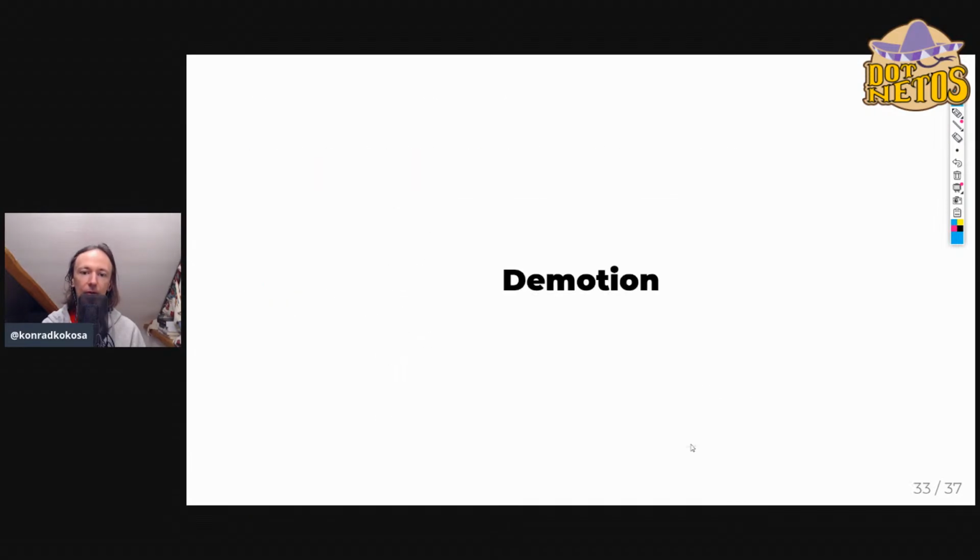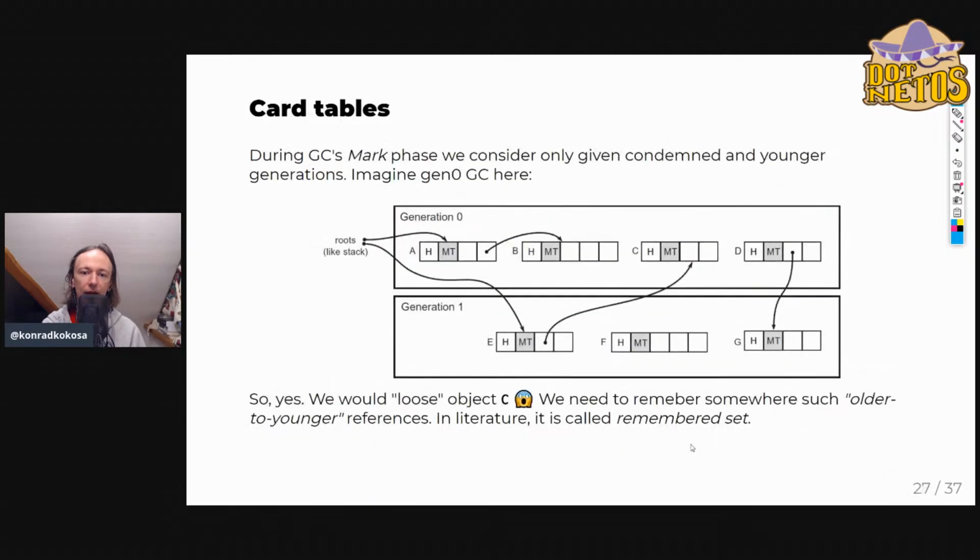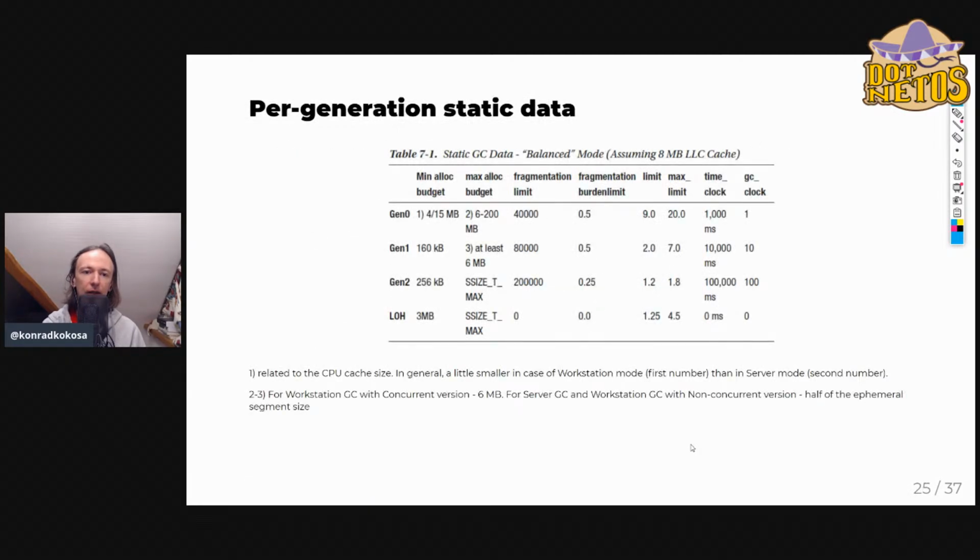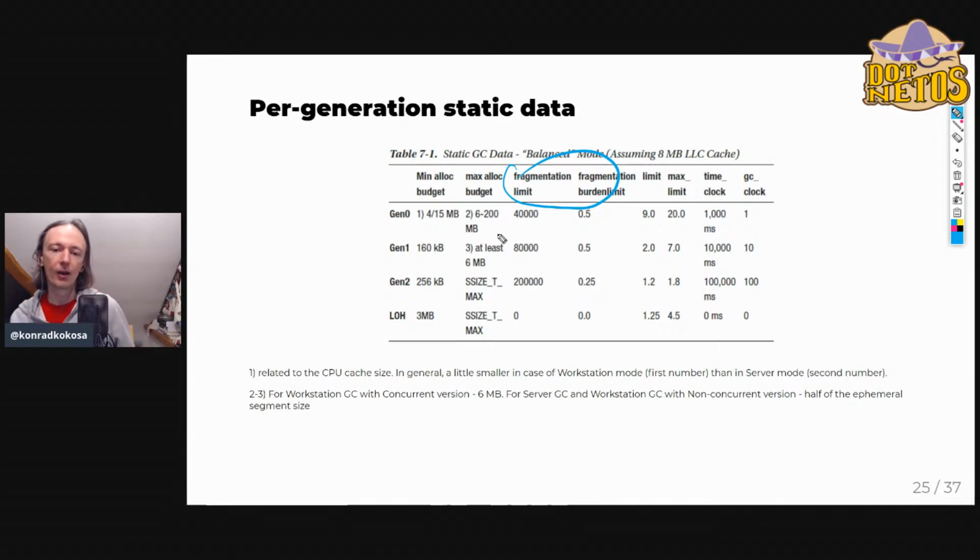In the meantime, I will show you one thing that I omitted, and it's worth mentioning: in this static data there are also other things, and those 2 columns are pretty important. For every generation we have these static thresholds of what we consider problematic fragmentation, both in absolute values and in ratio, like the percentage of the total size of the generation.